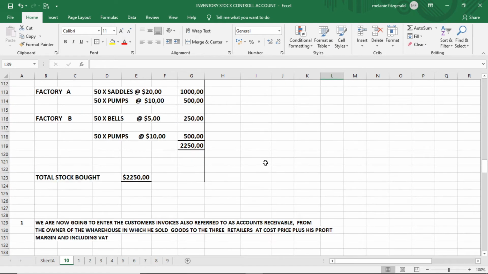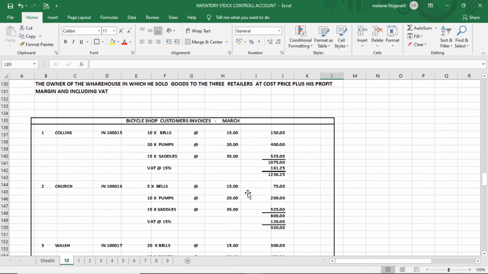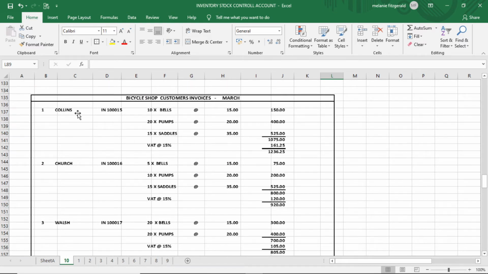Okay, now we're going to enter the customer's invoices, also referred to as accounts receivable, from the owner of the warehouse, in which he sold goods to the three retailers at cost price plus his profit margin and including VAT. So here are the invoices we issued out to these customers. We had three customers, Mr. Collins, Mr. Church, and Mr. Welsh.